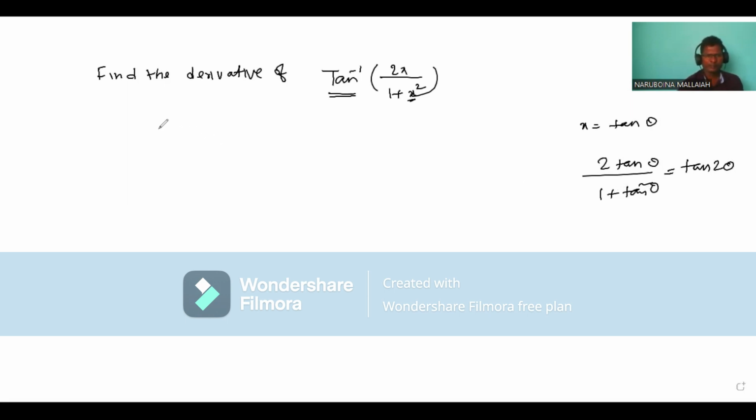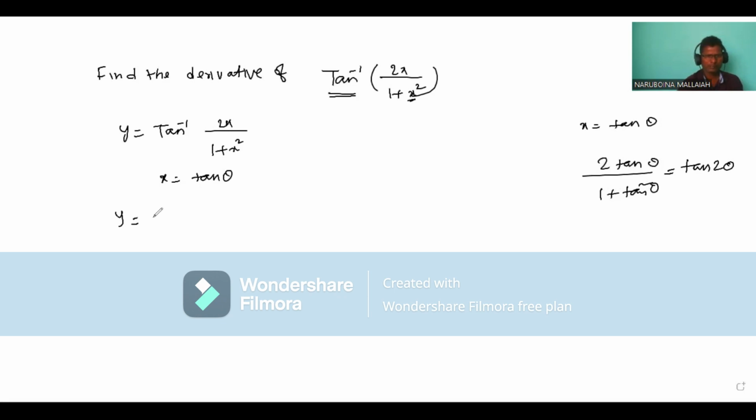Now the given function is y equals tan inverse of 2x by 1 plus x square. Now substitute tan theta in the place of x.